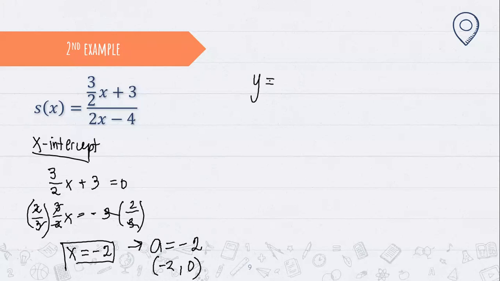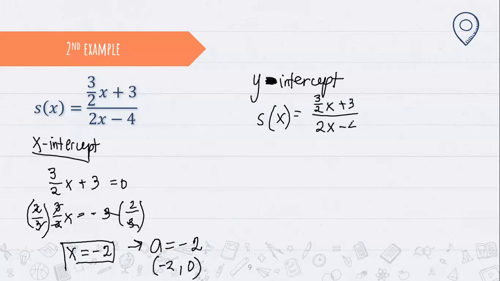How do we find the y-intercept? Substitute x with 0. Let's get the function first: S of x equals (3/2 x plus 3) all over (2x minus 4).